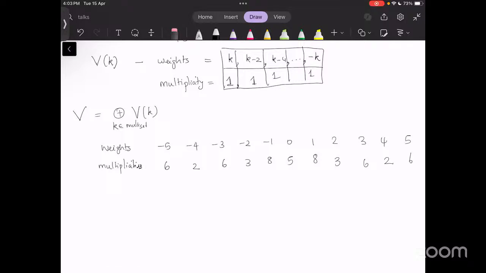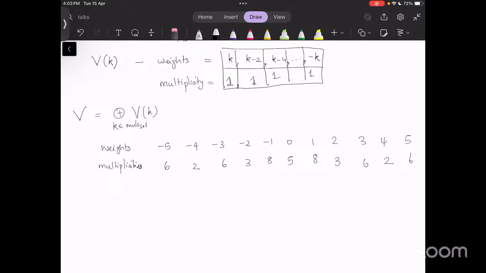Multiplicity means, for example, V minus 5 has 6 copies in. Correct. See, what is a weight in a representation? It is an eigenvalue for the Cartan subalgebra.